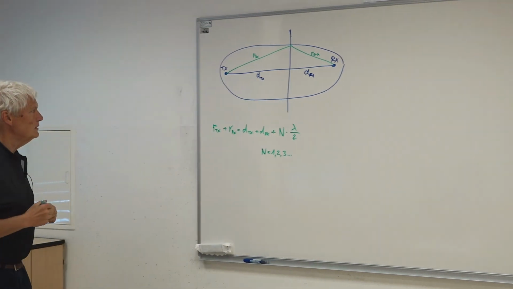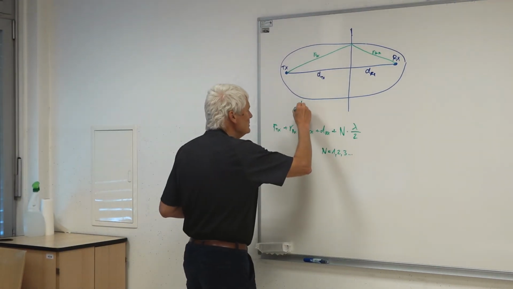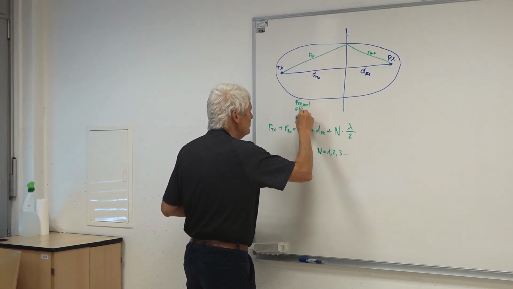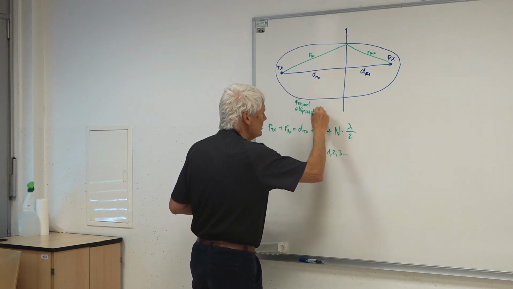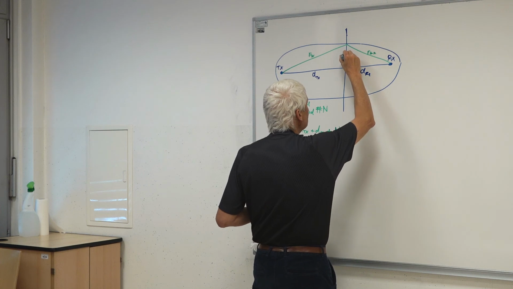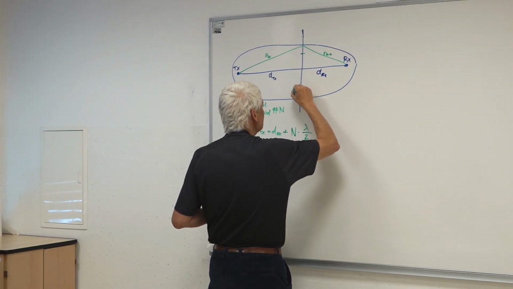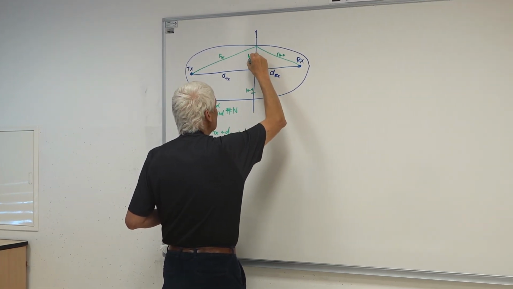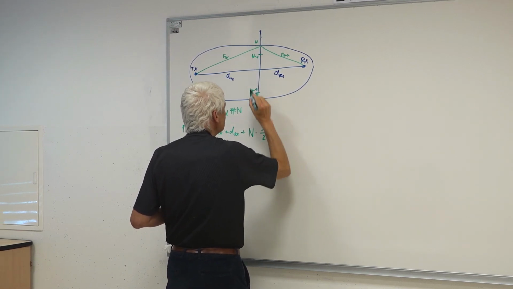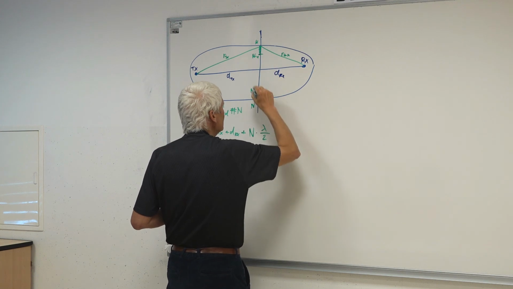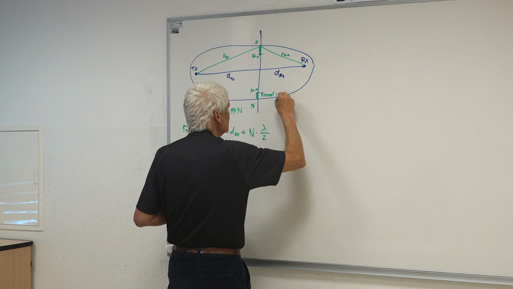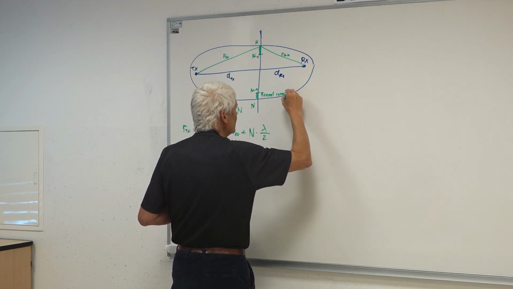So this was the Fresnel ellipsoid number n, and between number n minus 1 and n, these cross sections here, just the difference between n minus 1 and n, was the Fresnel zone number n.